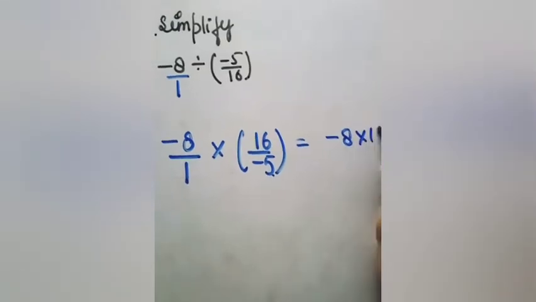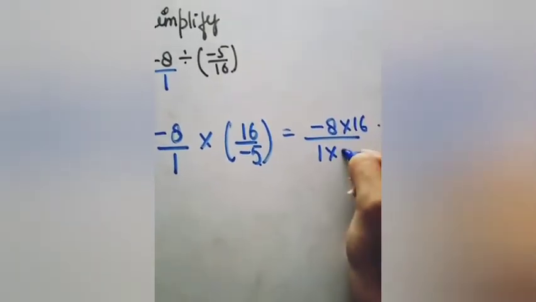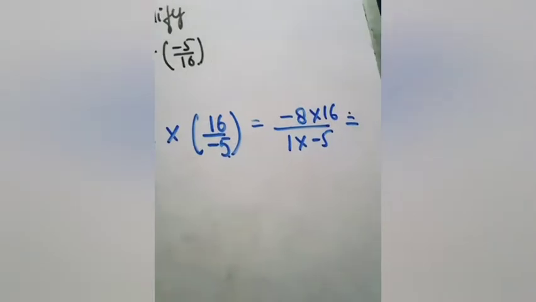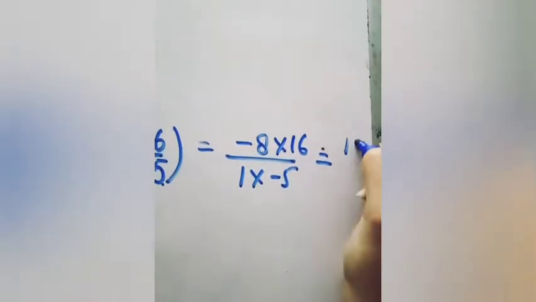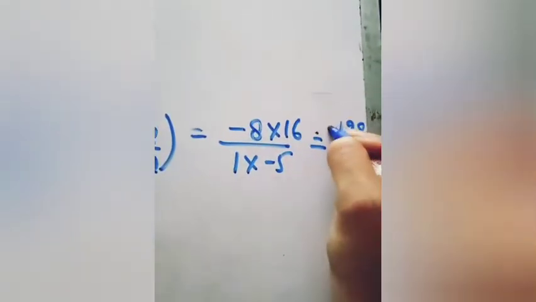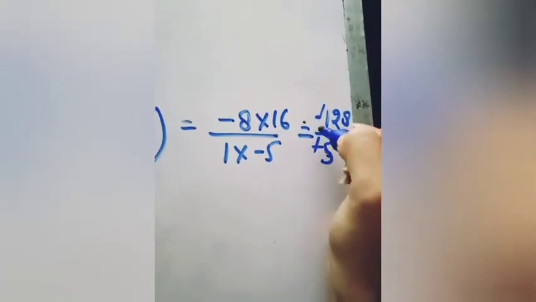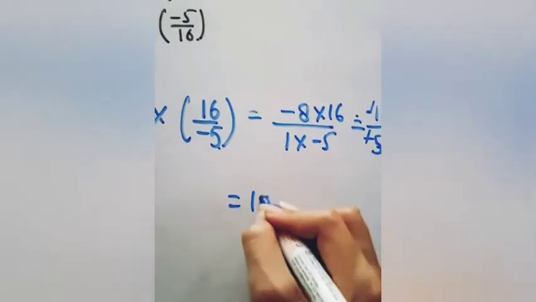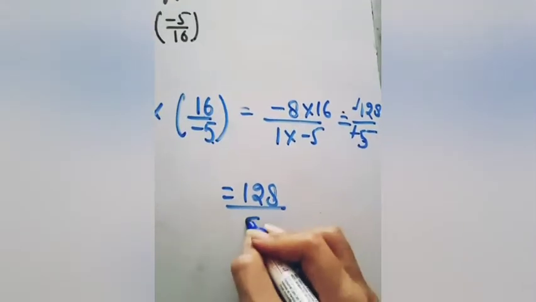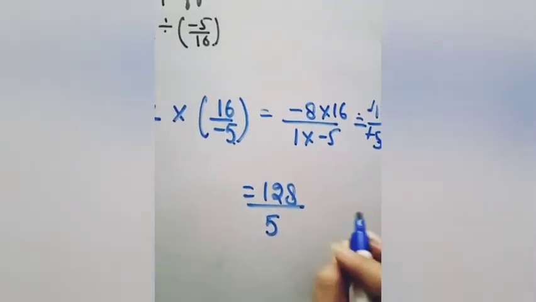-8 into 16 and 1 into -5. -8 into 16 is 128, and the minus sign, it is -5. Now when the minus signs cancel each other, we have 128 upon 5. This is an improper fraction.